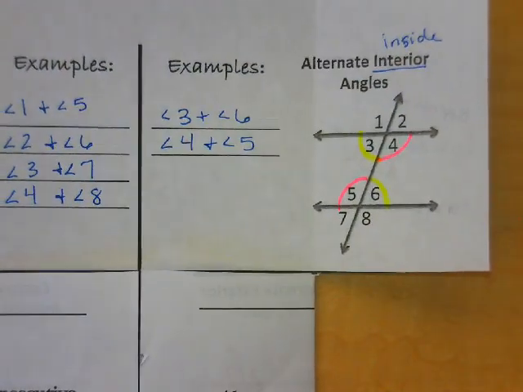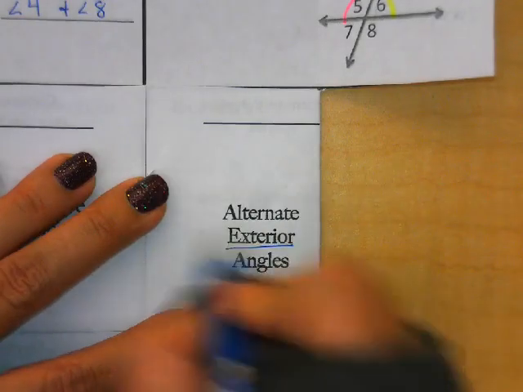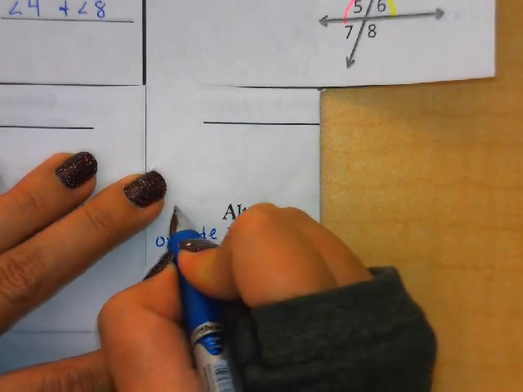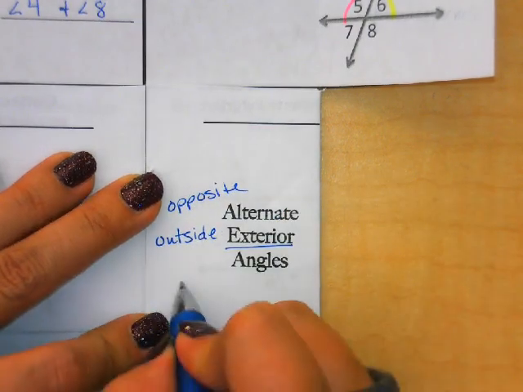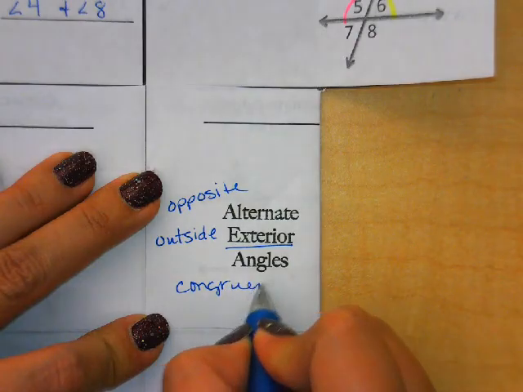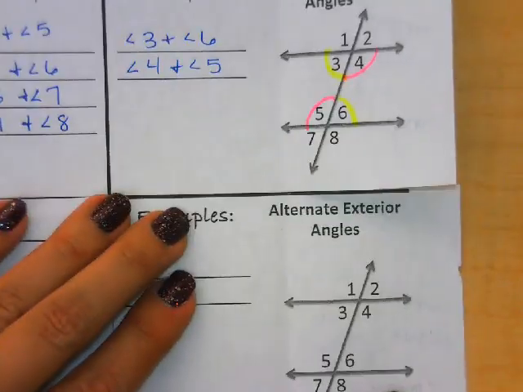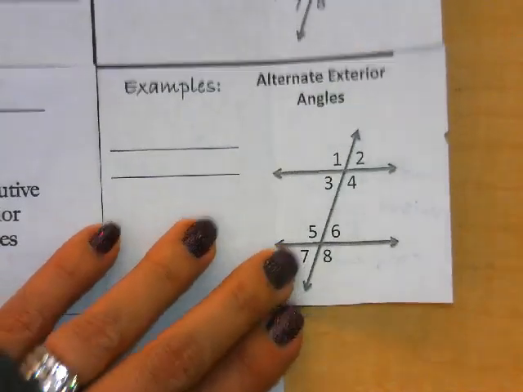Let's go ahead and go down. Alternate exterior, so very similar. Now it is outside angles that are on the opposite side of the transversal. They are also congruent or equal. So now, unlike this top one where we were only looking inside, now we're going to look outside.